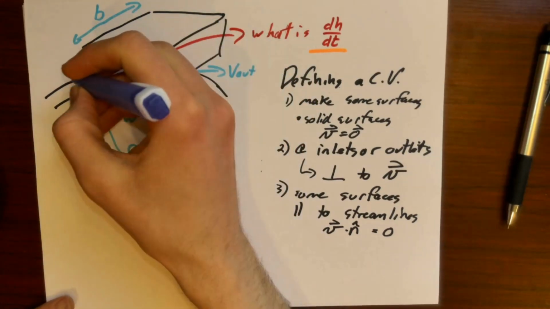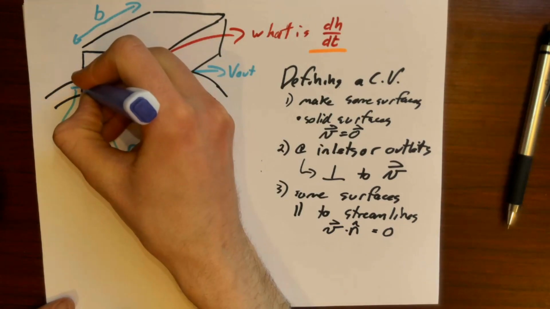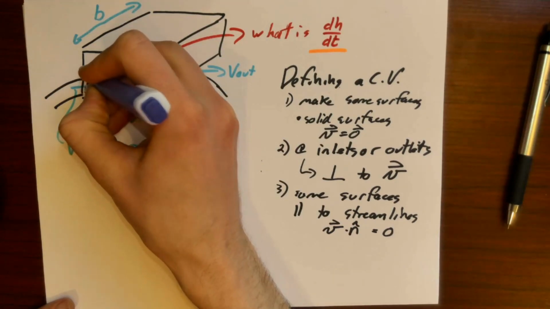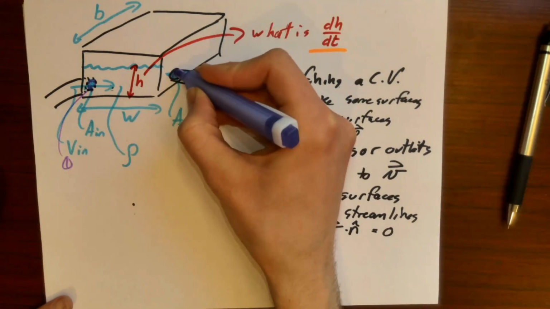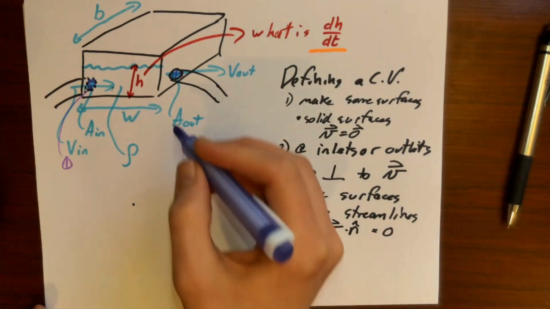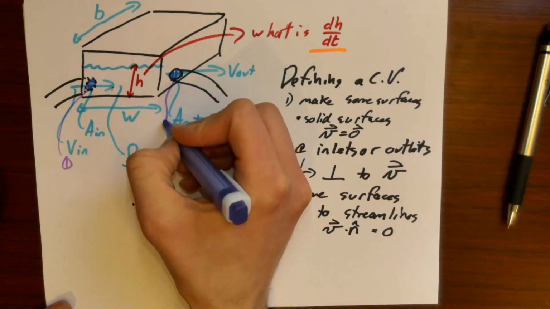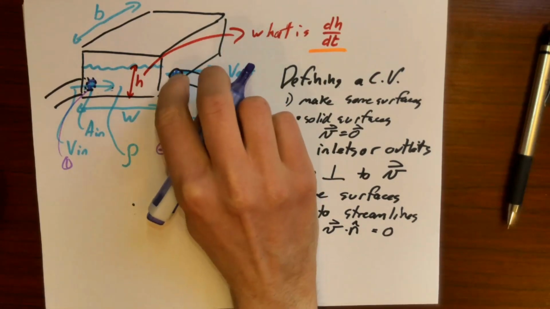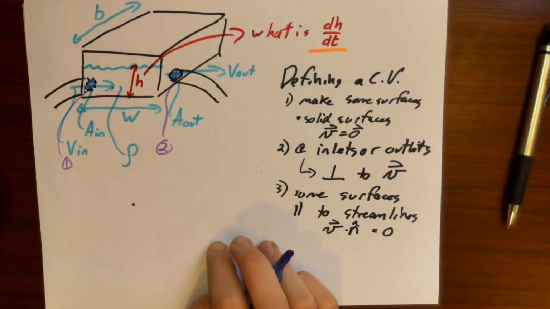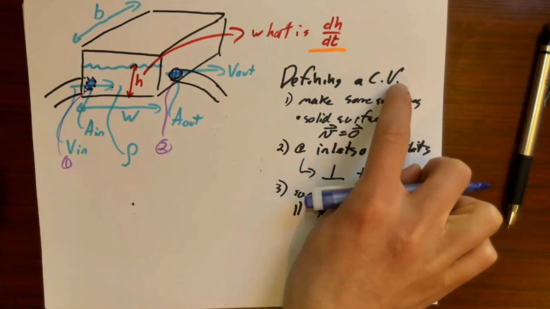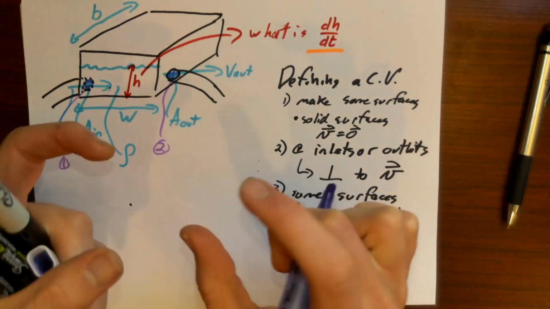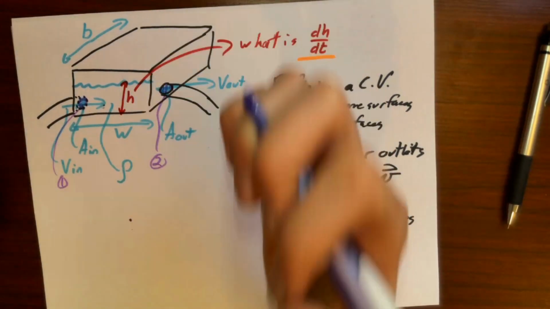So I am going to make surface 1 the inlet. I'm going to make another part of my control volume coincident with the outlet. And when we're defining a control volume, it needs to be completely enclosed. We can't have bits and patches and open holes in our control volume.